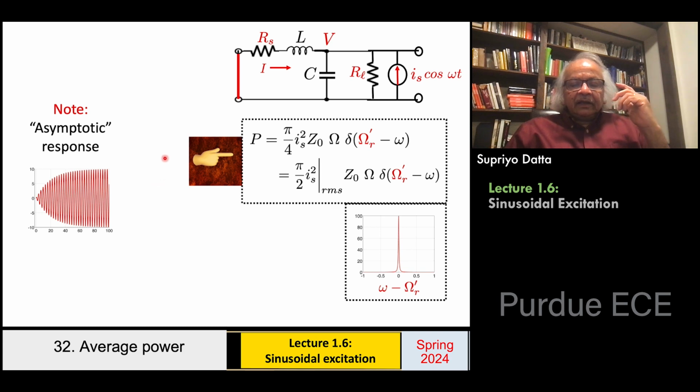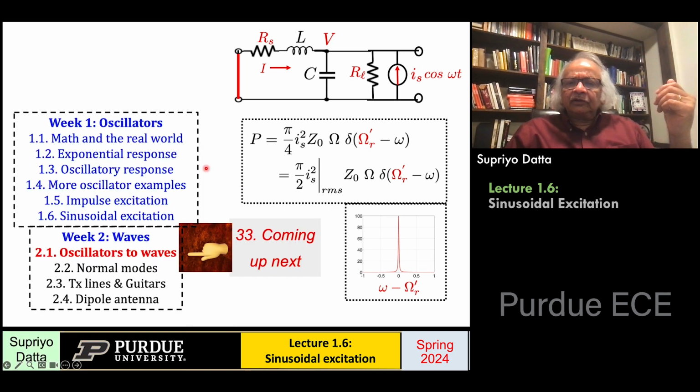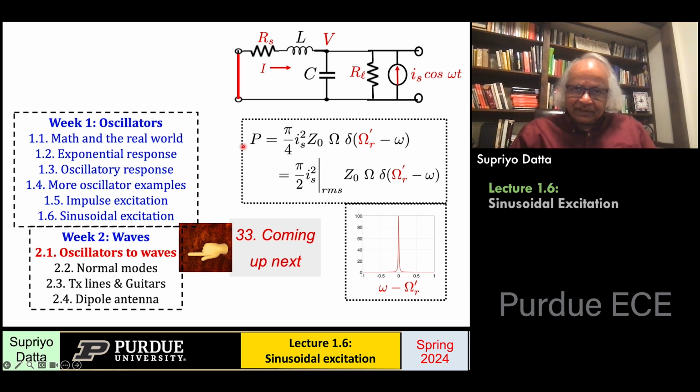This then finishes what I wanted to cover about oscillators. And the final result I'll make use of next week when we talk about waves, because next week I'll try to explain how what you've learned from oscillators can be applied to waves.